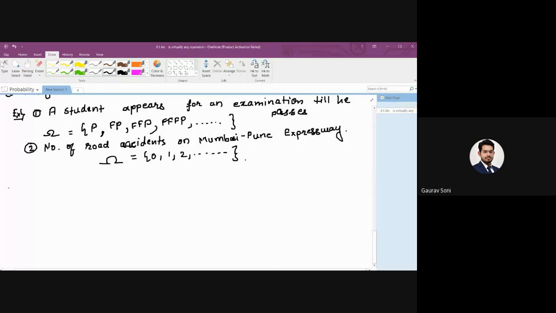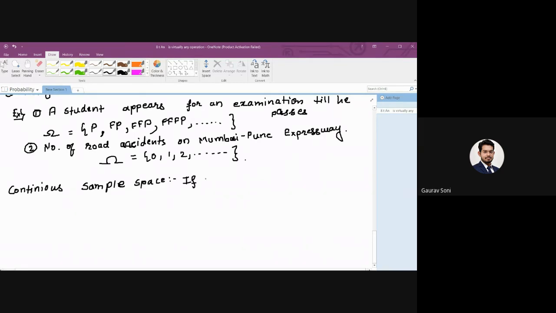The second type of sample space is the continuous sample space. A sample space is a continuous sample space if the number of elements in the sample space are uncountably infinite.